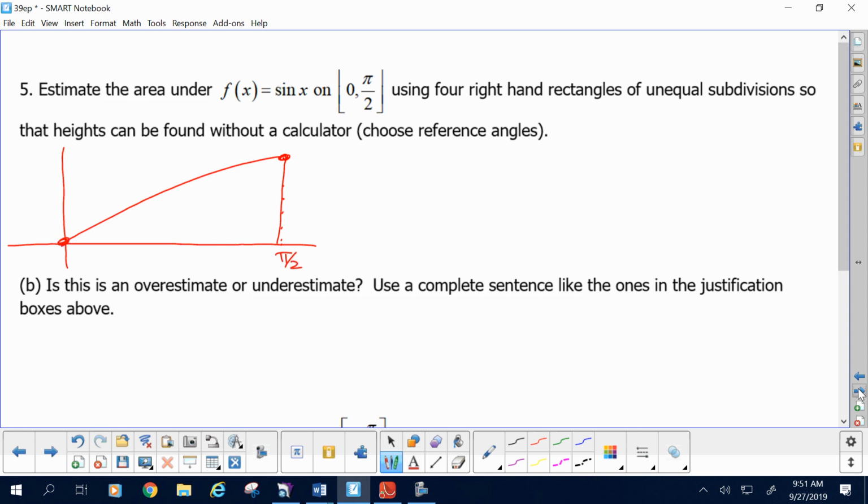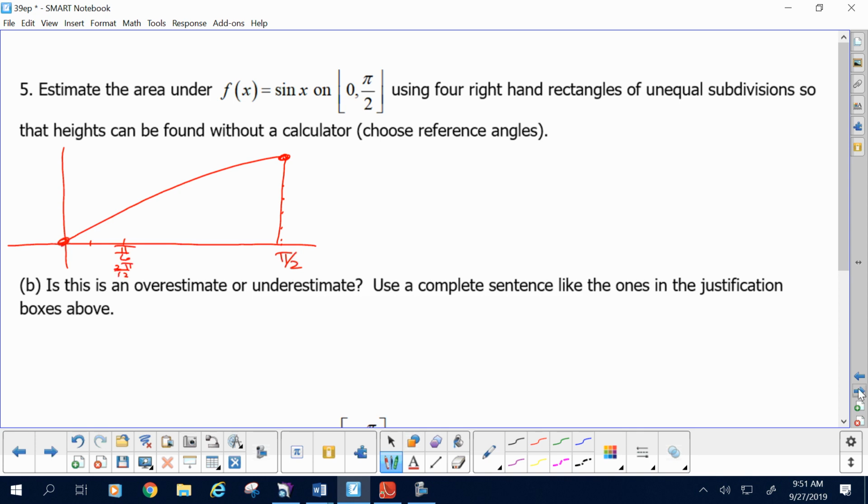All right. So instead, we're going to use cleaner points that are reference angles. So what are the reference angles between? Pi over 6, pi over 4, and pi over 3. Now, in terms of where to put those, are those equally subdivided? Let's think of these as pi over 12. So pi over 6 is 2 pi over 12s, yeah?